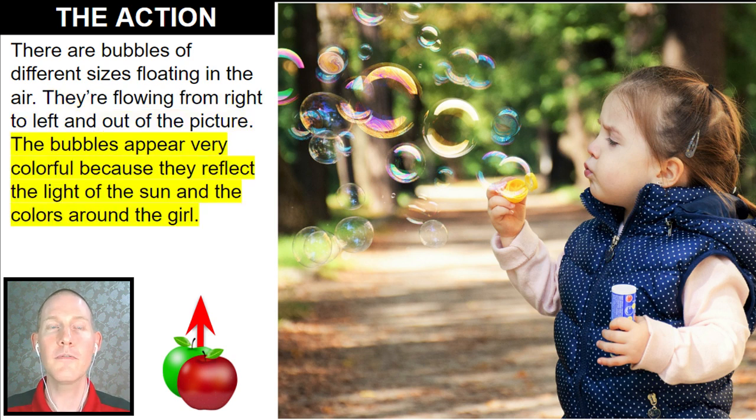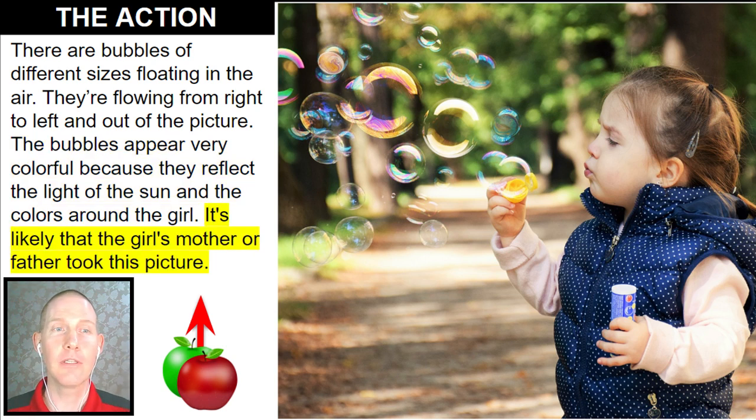The bubbles appear very colorful because they reflect the light of the sun and the colors around the girl. It's likely that the girl's mother or father took this picture.